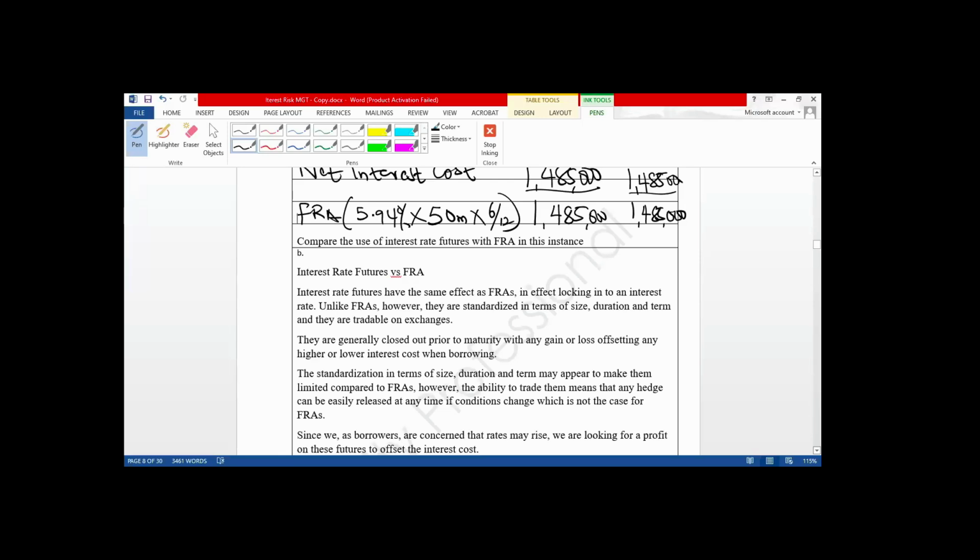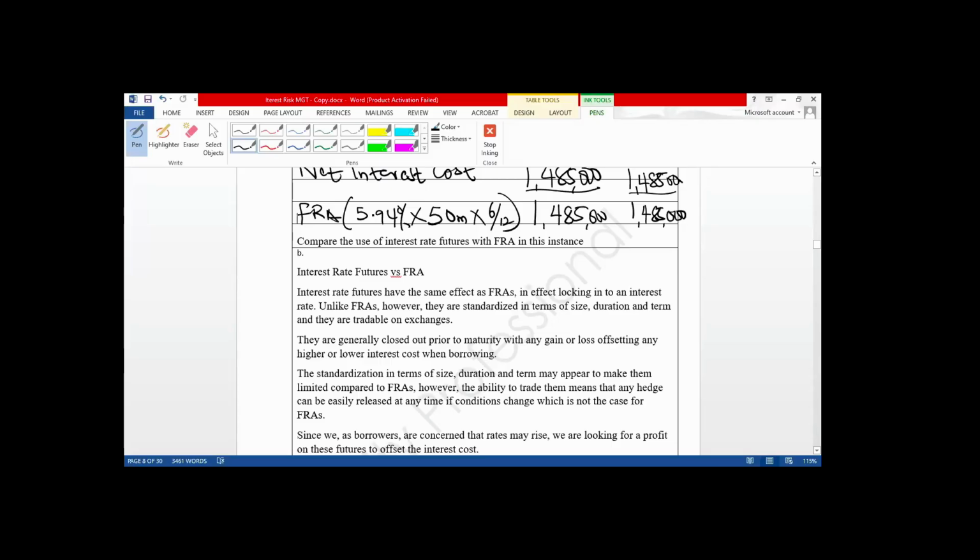However, unlike FRAs, interest rate futures are standardized in terms of size, duration, and terms. When we say standardized, you have a standard contract size. You can select one contract, two contracts, three contracts.